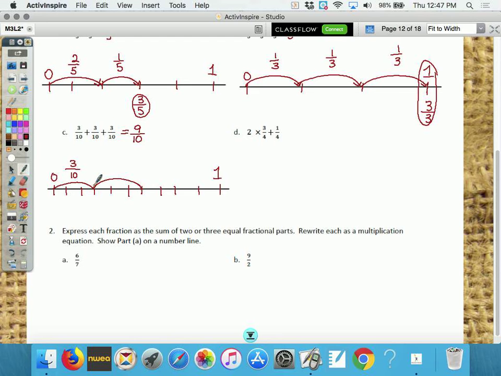Draw it back to where I started. That's 3/10. And 1, 2, 3. And my answer is 9/10, and circle it. Okay?